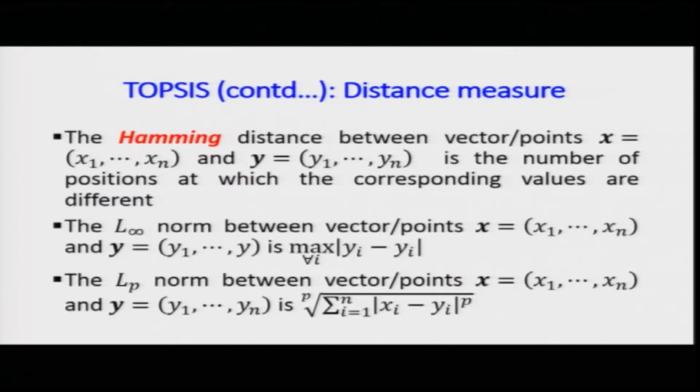Similarly, for the Hamming distance, the value is the number of positions at which the corresponding values are different. You will find out the differences, find out whether it is 10 or 15 in number, and report that number, where n means the number of such differences, which will give you how far or how close those two vector sets of points are.